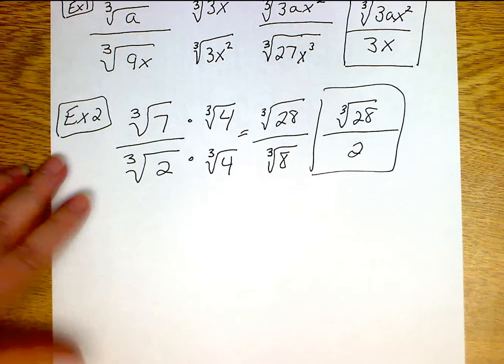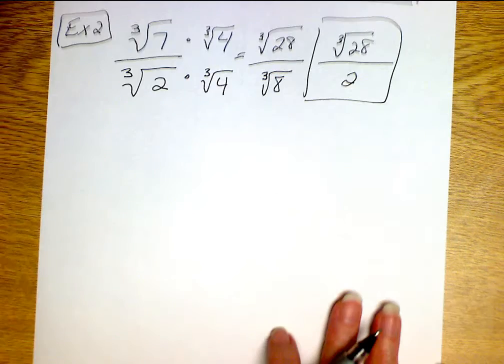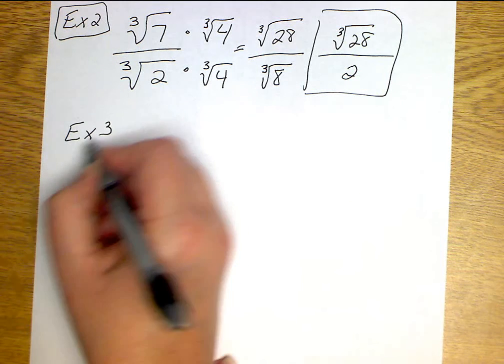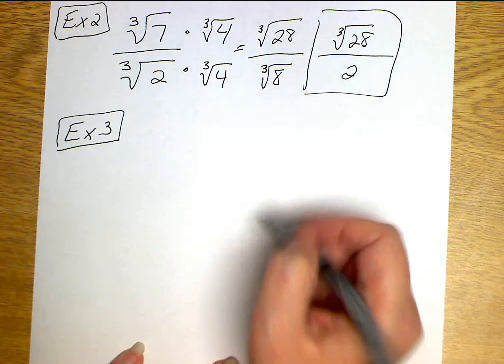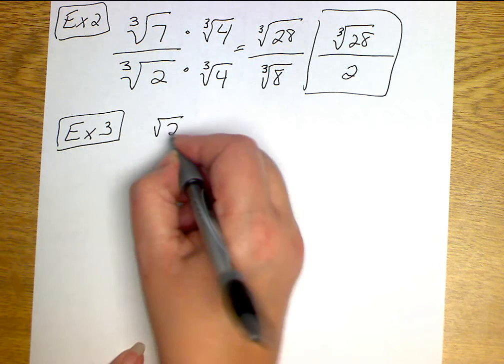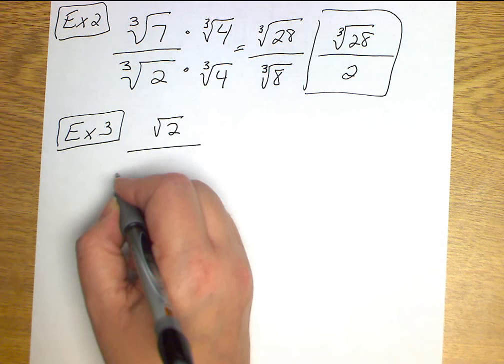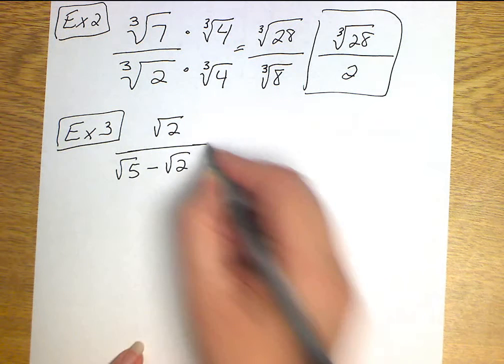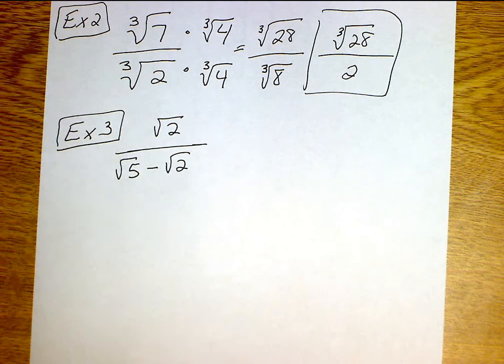Alright, last example. Example 3. The square root of 2 over the square root of 5 minus the square root of 2. We have to think about what we did all before lunch. What do we have to multiply the bottom by?